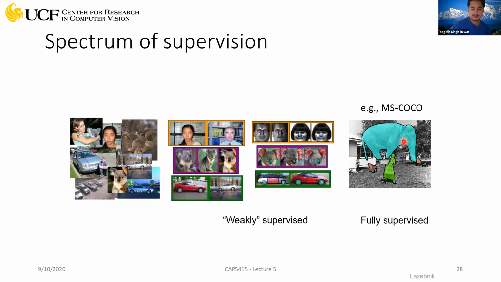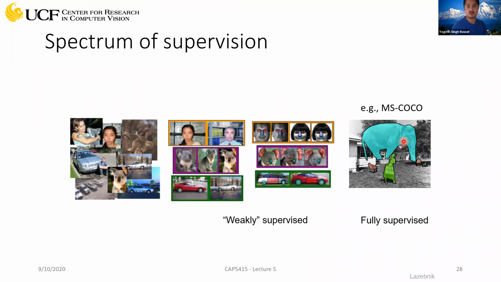Then a more relaxed setting is weakly supervised. Here you don't have all the information you need to solve that problem. A simple example is object detection. Object detection means given an image, not only do you identify which objects are present, you also try to localize where in the image the objects are.